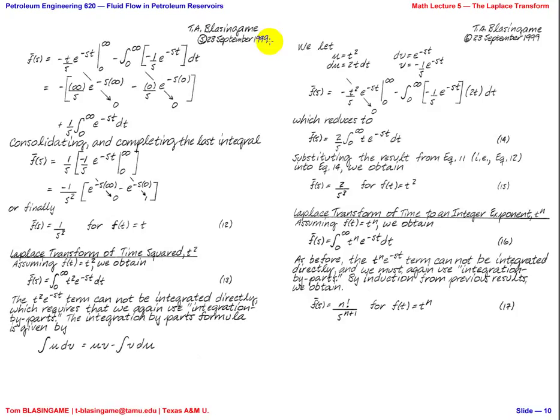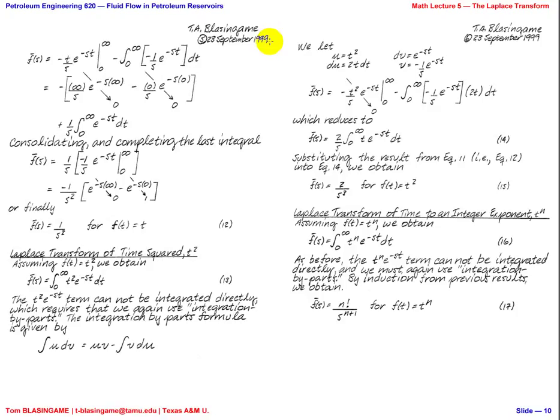If you remember, last class we were talking about the gamma function. We know that the gamma function of n plus 1 is equal to n factorial, right?